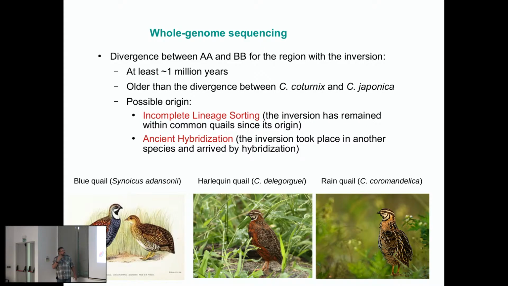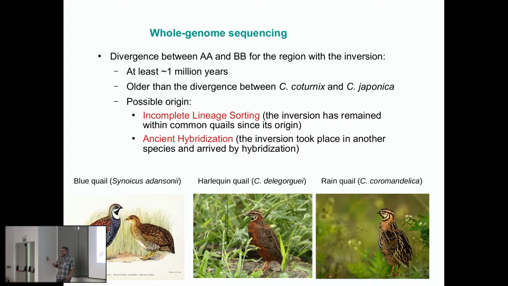So, well, this could be a possibility, and in fact, looking at the distribution, we could think about what other quail species are around here. Well, there are only 3 that could overlap with the distribution in Europe and Africa. The blue quail, sometimes called Coturnix adansonii, the harlequin quail, and the rain quail. Maybe this inversion derives from an interbreeding with one of these species.